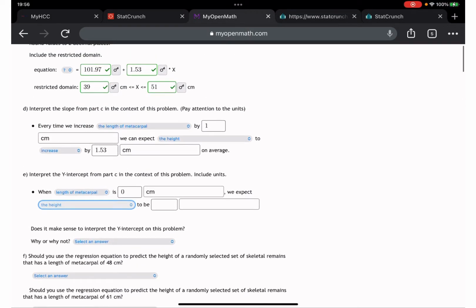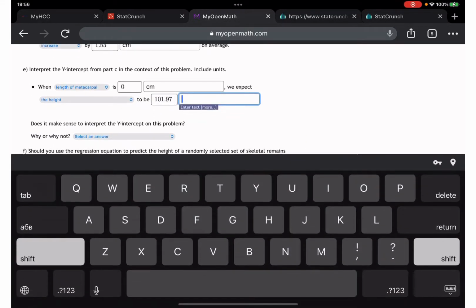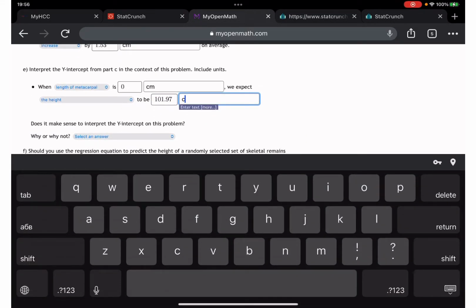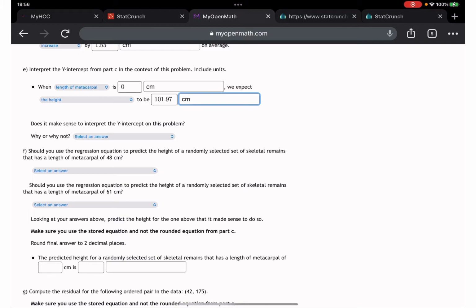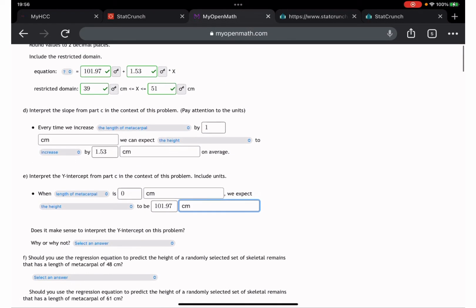Y, 101.97 centimeters. Okay, I think we are good.